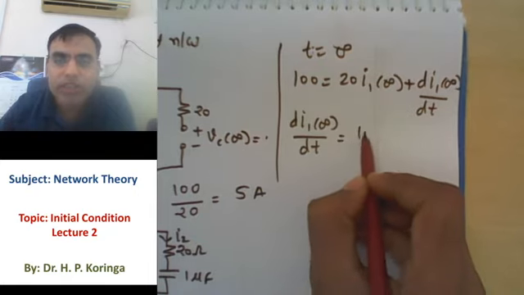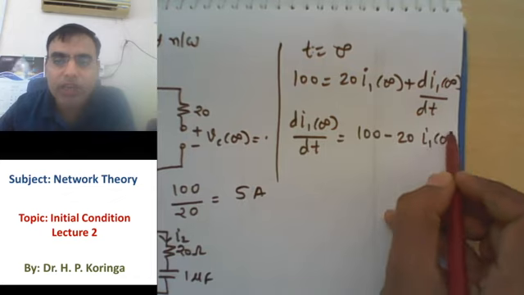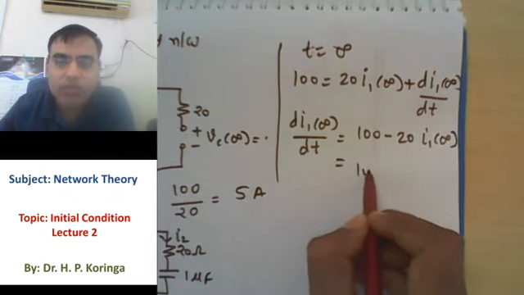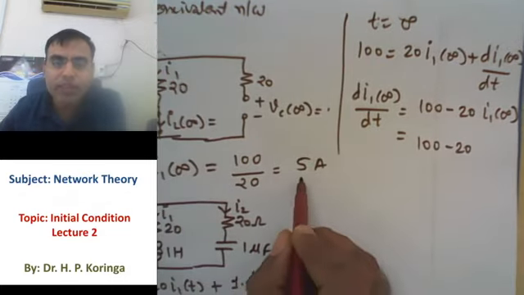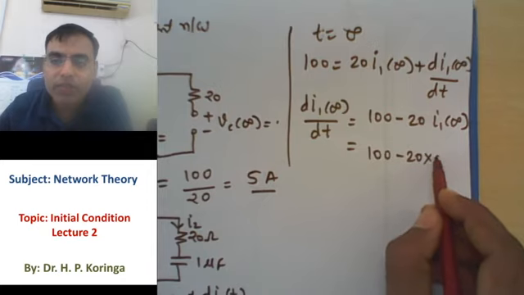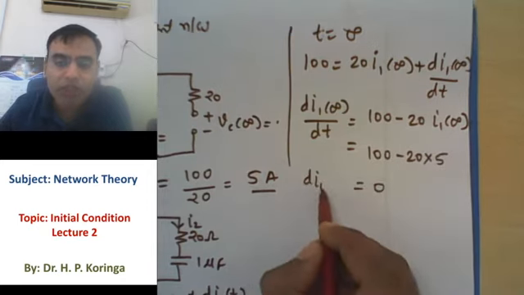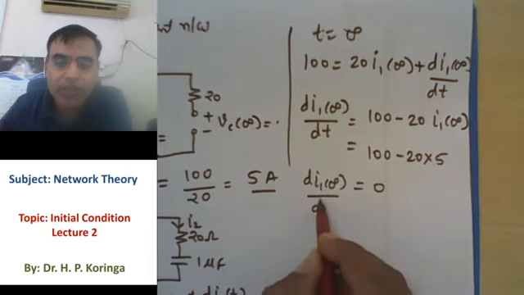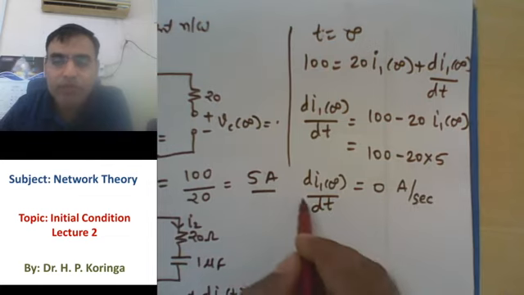So it is 100 minus 20 into I1 of infinite. So let's substitute the value of I1 of infinite that we already found. It is 5. So 20 multiplied by 5, it is equal to 0. So di1 of infinite divided by dt is equal to 0 ampere per second.